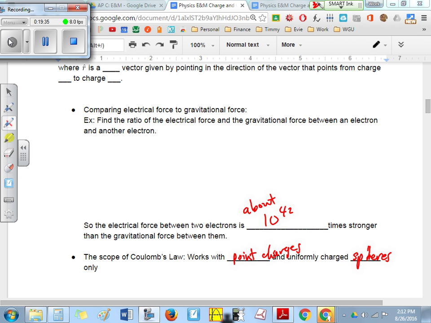Once you start getting weird shapes like this, and some of the net charges on this side, and some of the net charges on this side, and some's positive and negative, and maybe there's more electrons on one side than the other, that's when Coulomb's law isn't meant to be used straight up. You have to use vector math to work with that kind of situation, and integration, actually. Okay? So use it for small charges, one with another. Use it for perfectly round spheres that are uniformly charged.